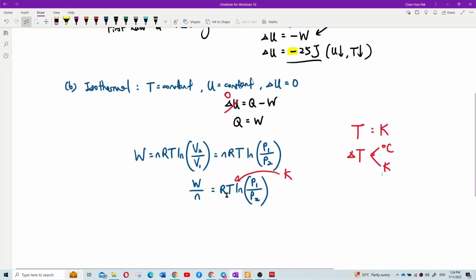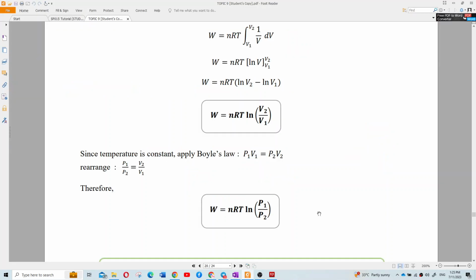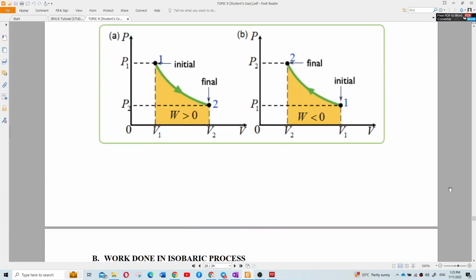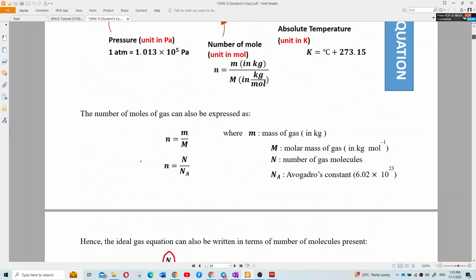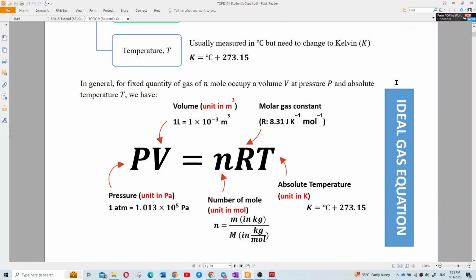And R is the molar gas constant. So 8.31, if you remember. Where's the R? Earlier part, molar gas constant, 8.31 joule per Kelvin per mole.